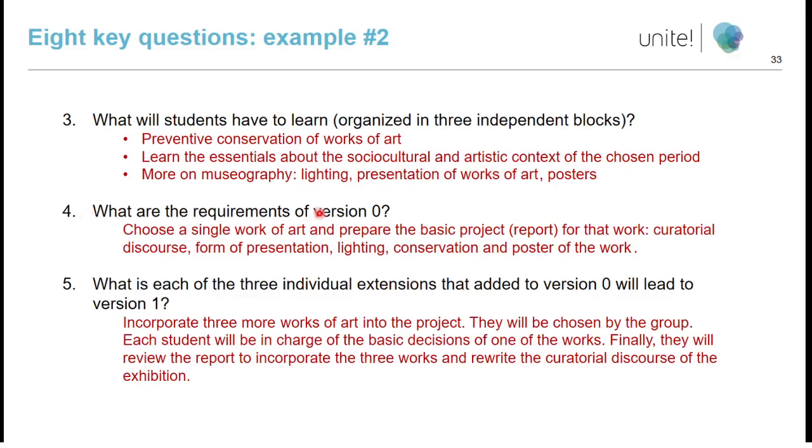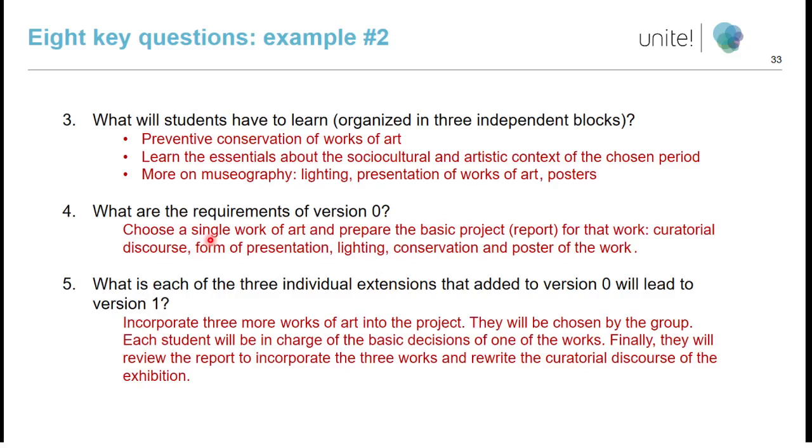What is version 0? A first version of the report that contains everything related to a single work of art. The group has to choose only one from the chosen period and make decisions together regarding that work of art.